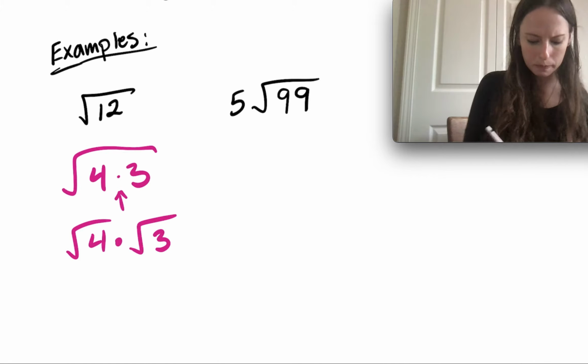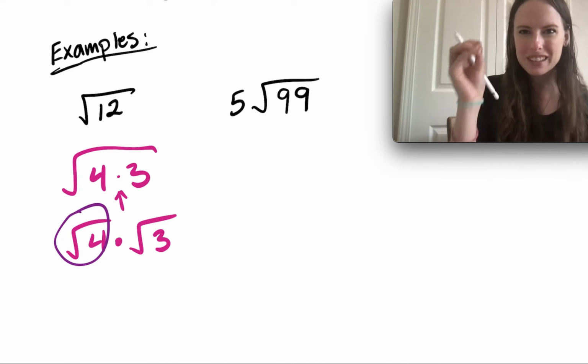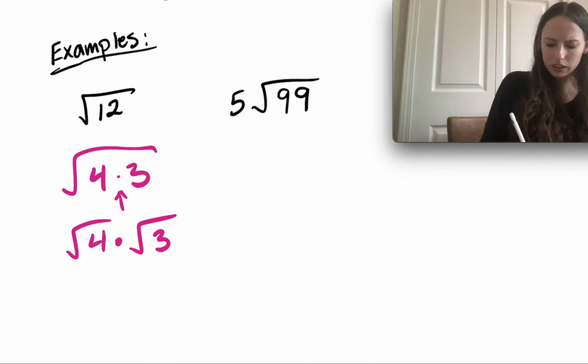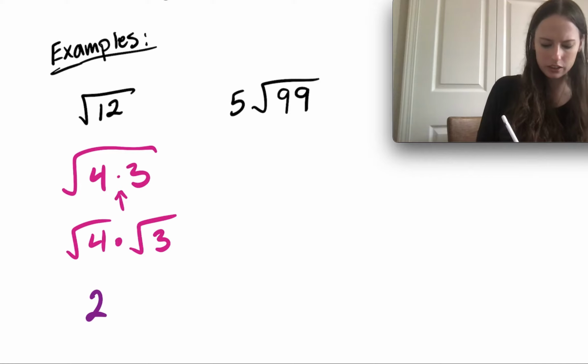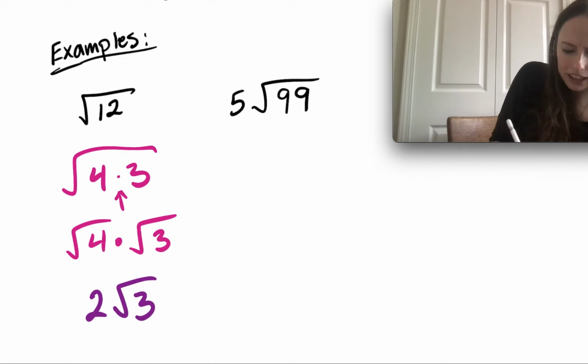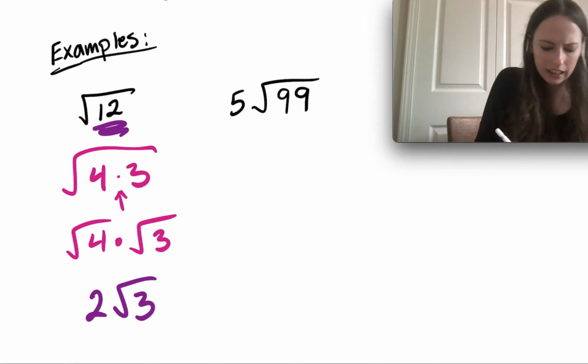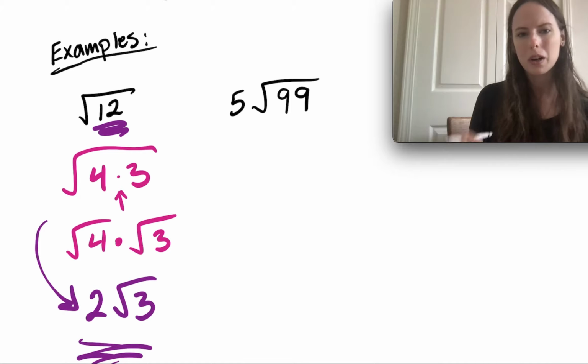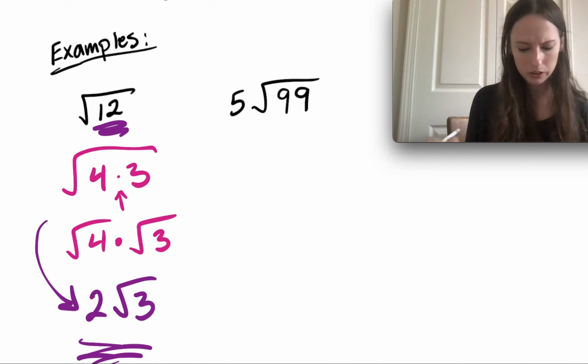Now from here, because we chose that perfect square 4, we know the square root of 4 is 2. So our final answer is 2 root 3. So you can see how we took part of that number 12 and we got it out from under the radical. And that's really our goal when we're simplifying radicals.